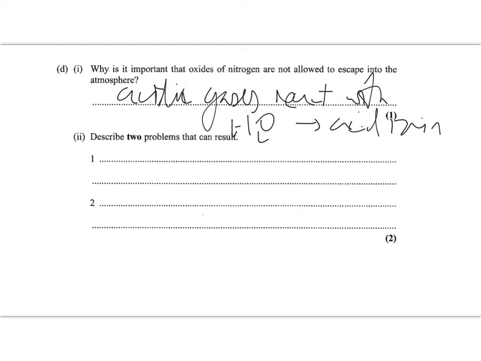The acid rain itself could react with limestone. Now, that might in itself not seem a massive problem until you consider that a number of constructions are made from limestone. Statues are made from limestone, so they would react with this acid rain and they would corrode. So there are a number of problems you could come up with there as a result of acid rain.